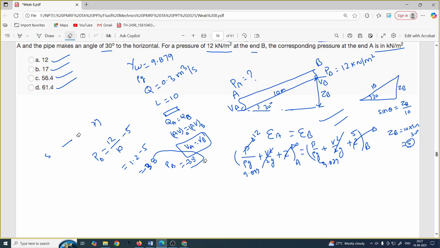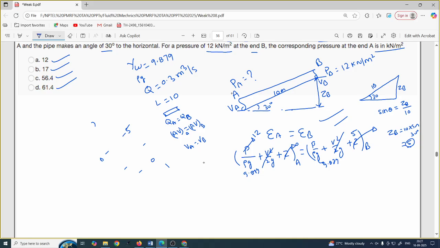Now I got it. Because in the question PB is given, not PA. Remember, PB is given here, and you need to calculate PA. So PA divided by 10, I am considering 10, equals PB 12 divided by 10 plus 5.